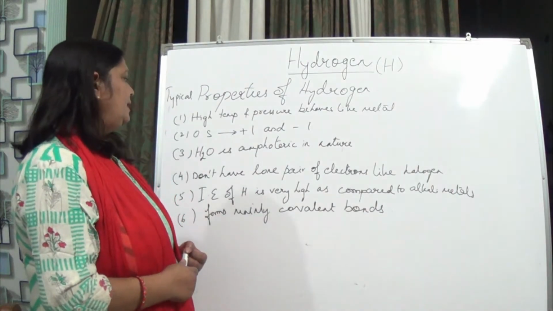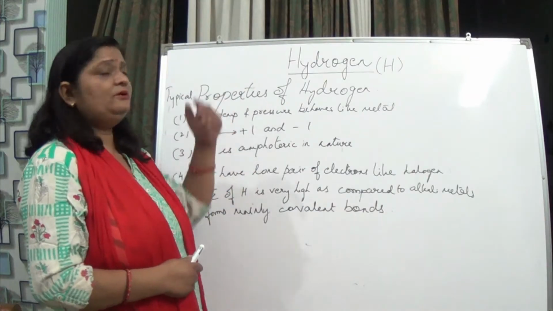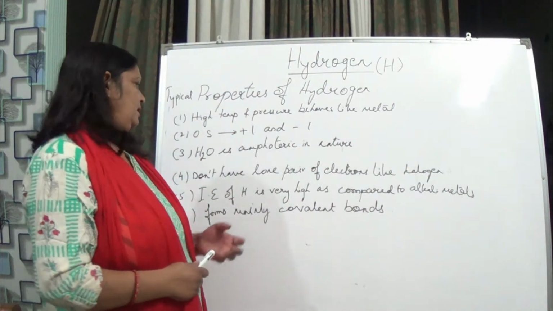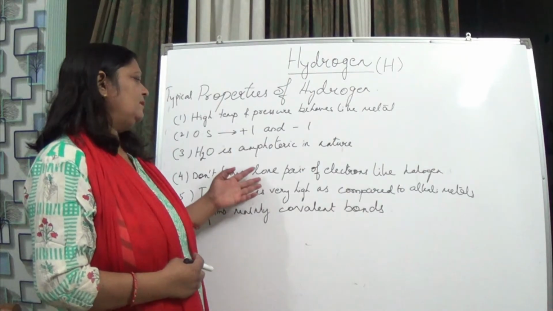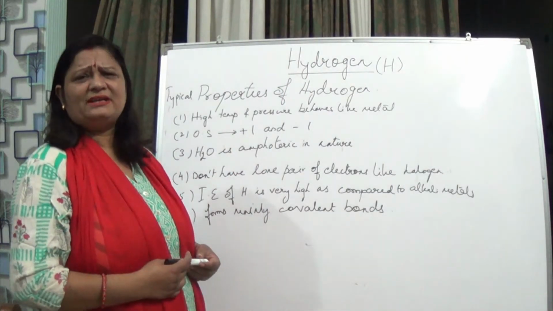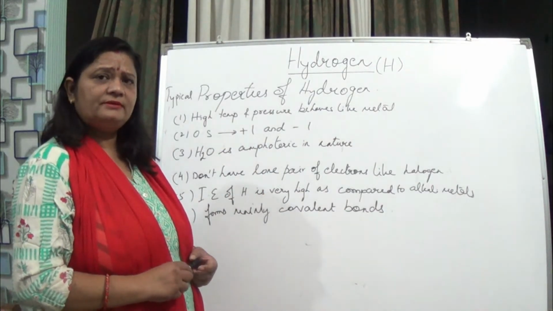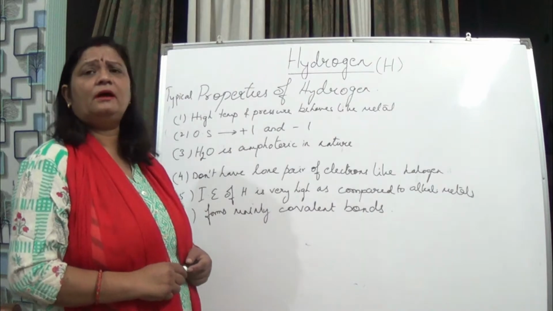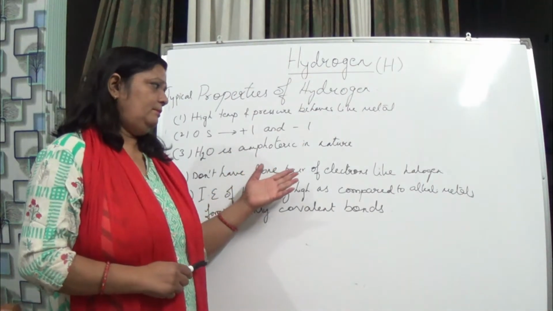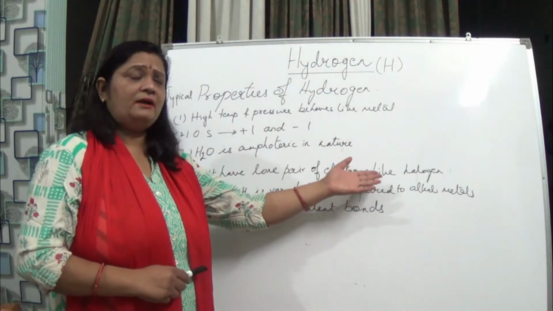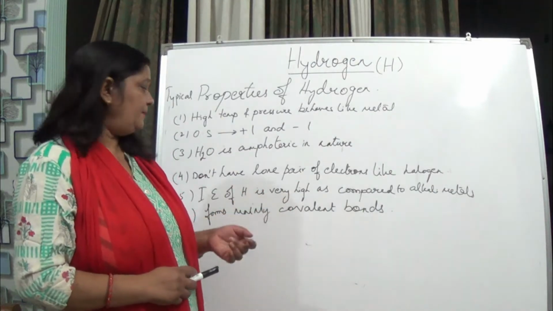Now, hydrogen exists in the form of the H2 molecule, so it doesn't have any extra lone pair of electrons, but halogens do. So here it can't be kept with the halogens, and it does not resemble the alkali metals either.